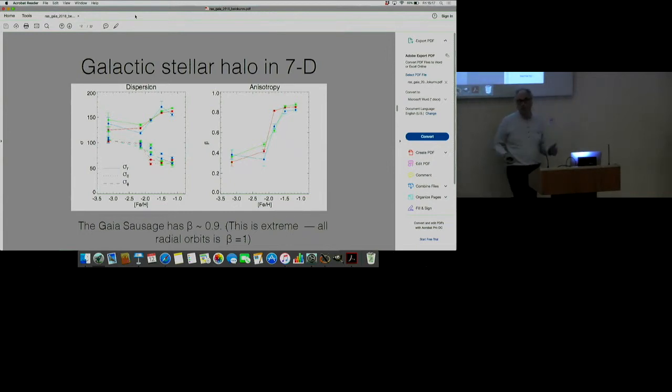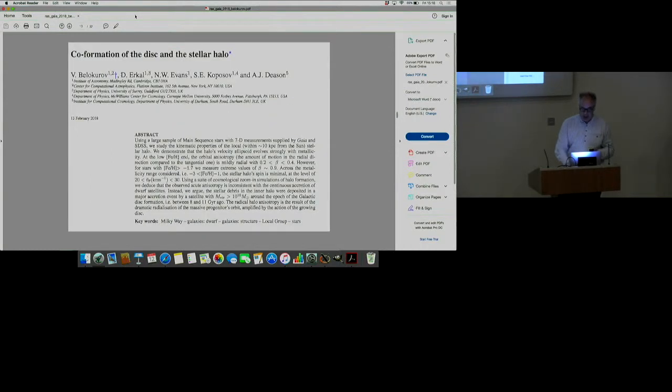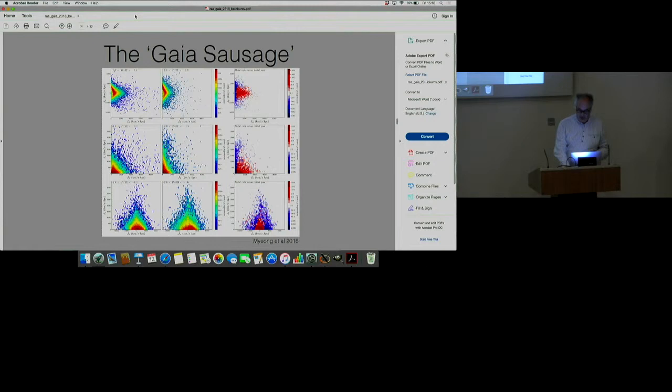That is when all orbits are radial. And so these are astonishing values for the anisotropy parameter of the stars, about 0.9 to 0.95. These are all stars moving on very, very radial orbits. How could this have come to pass? So the suggestion was made in this paper as to how this could have happened.